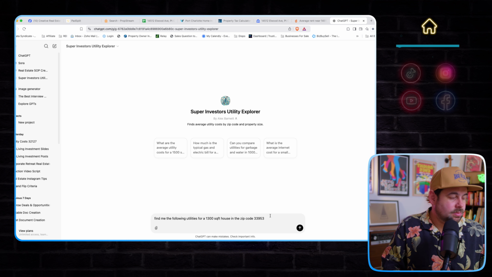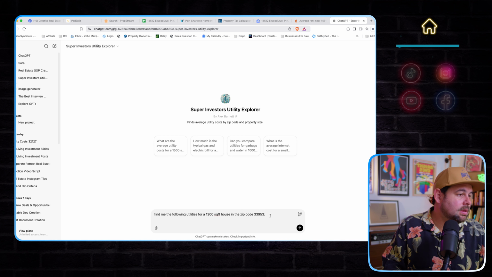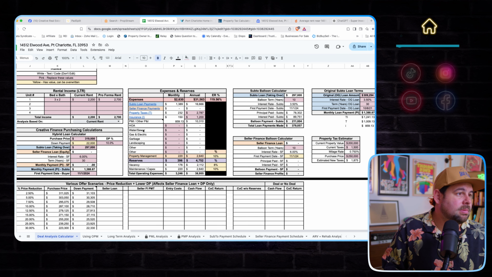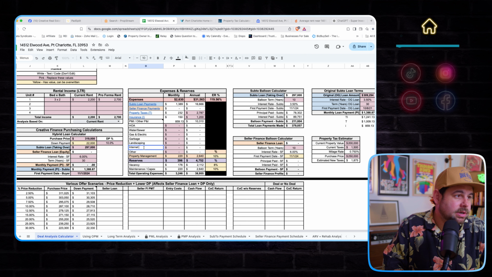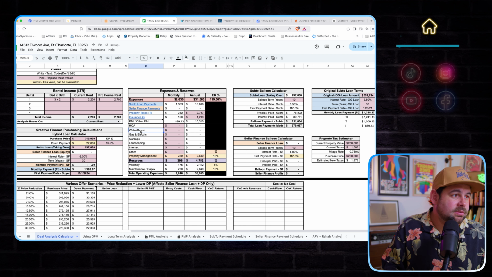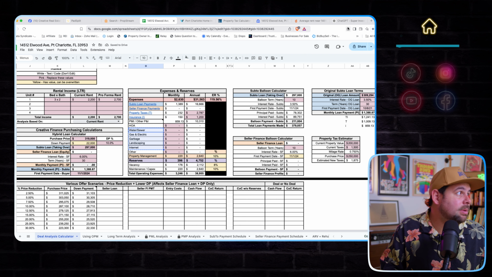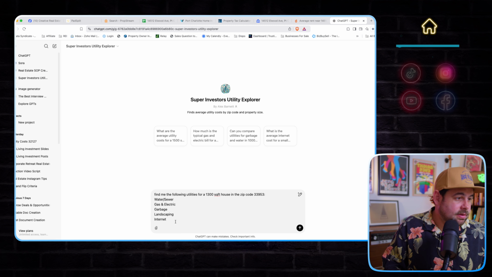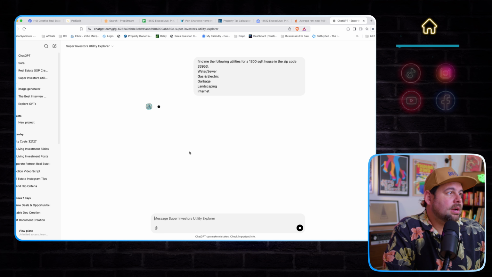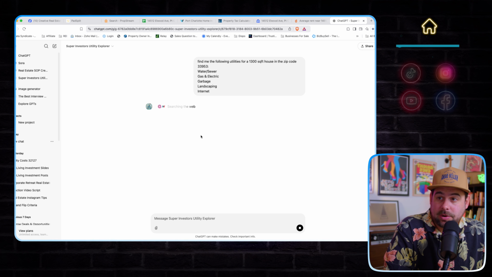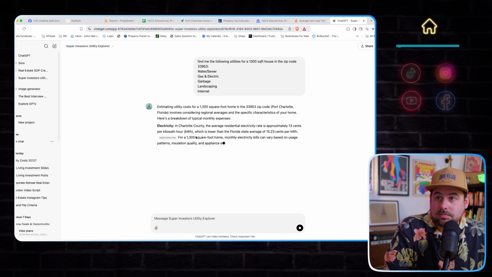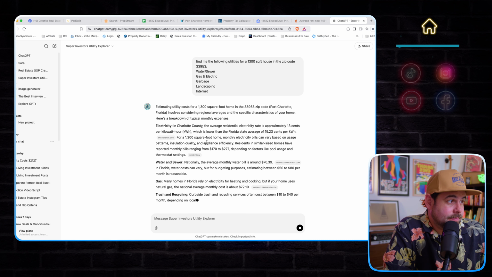And then I'm going to give them which utilities I want, and all I'm going to do is copy and paste. Let's put internet in here too, because we're going to run this as a long-term co-living property. But I just like to see how much it would be if you were running it as a long-term.